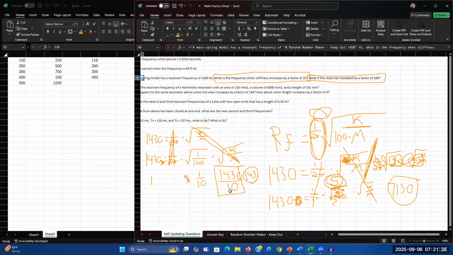Okay, so I have a question. Go ahead. When you first write it out, the 1,430, and you rewrite it again, is that how we're supposed to do it? Write it first and then rewrite it again when we plug in the values that were given?